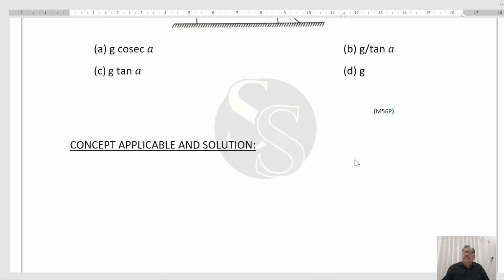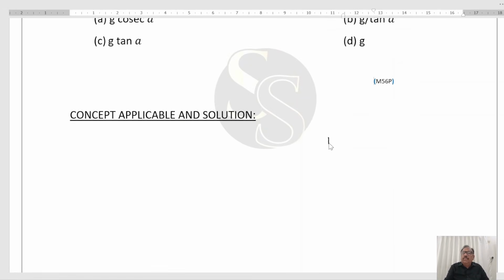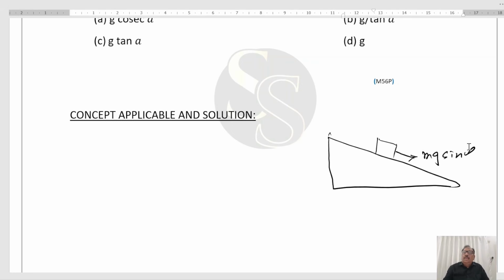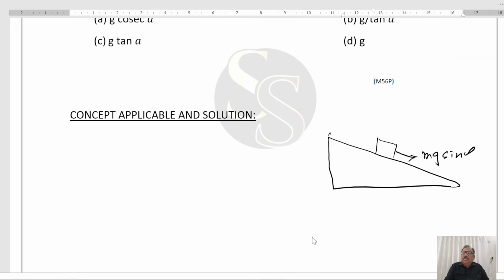in this case, it is going on an inclined plane. I am drawing only the forces which are acting along the plane. Mg sin theta always acts down the plane. And this is moving in this direction, so it will move in this direction.